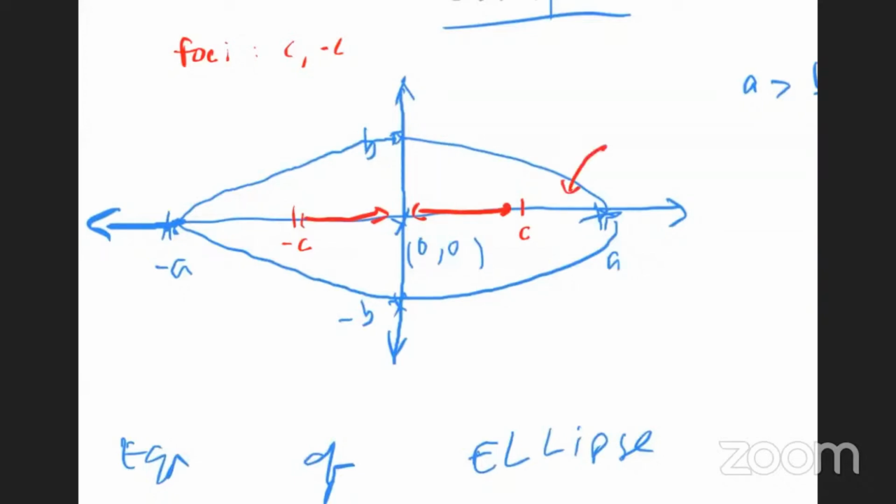They are also on the major axis. And watch this here. If I were to draw a line from here to here and call that D1, and draw a line from here to here and call that D2, the sum of those values is a constant.